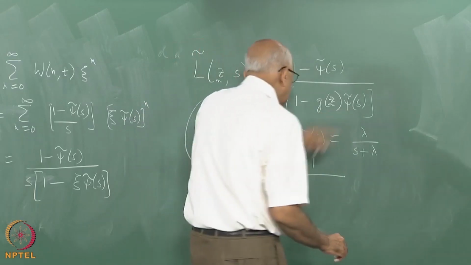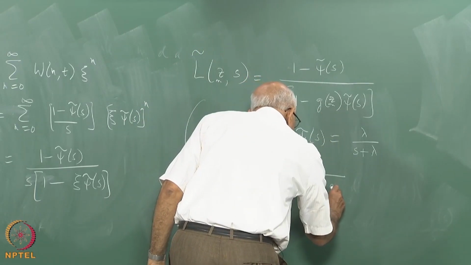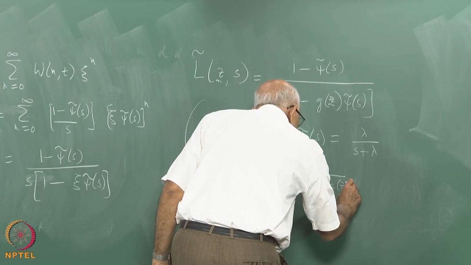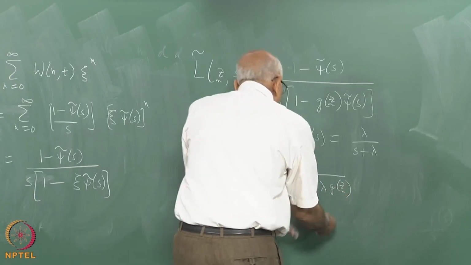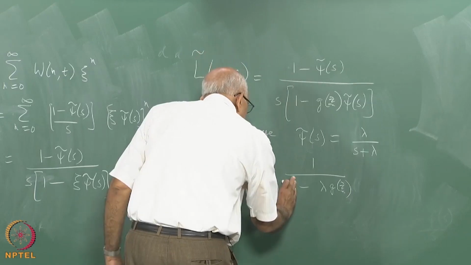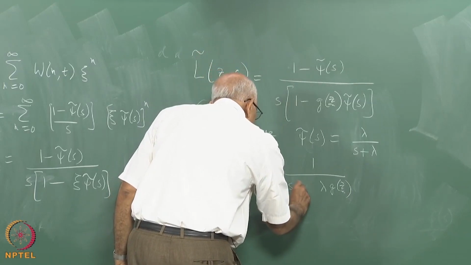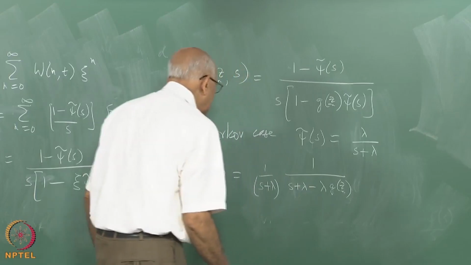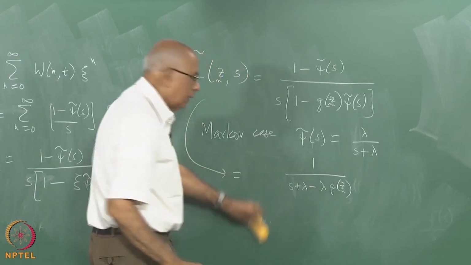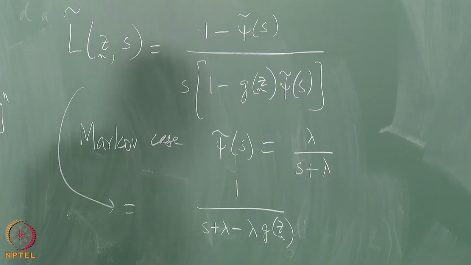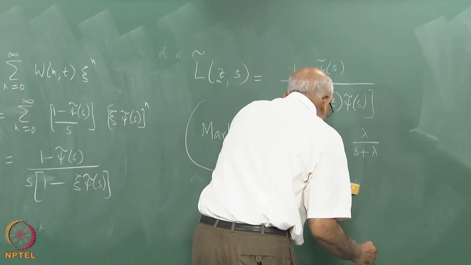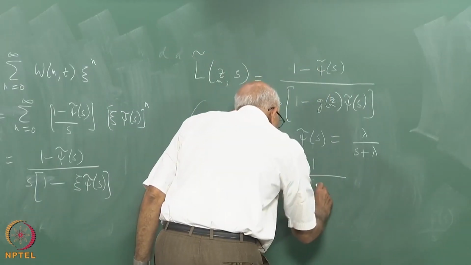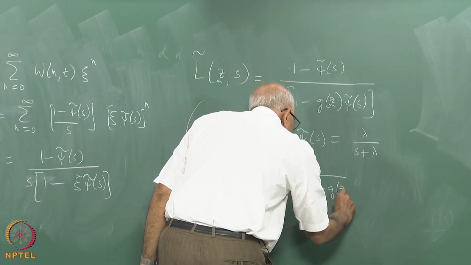So there is a lambda sitting there over s plus lambda. So let us take this and write it as s plus lambda minus this guy, and this s plus lambda goes away, right, and I take out this lambda and I get 1 minus g of z.